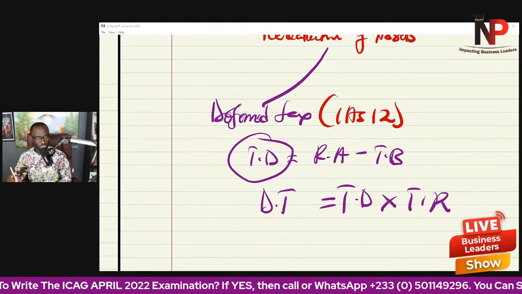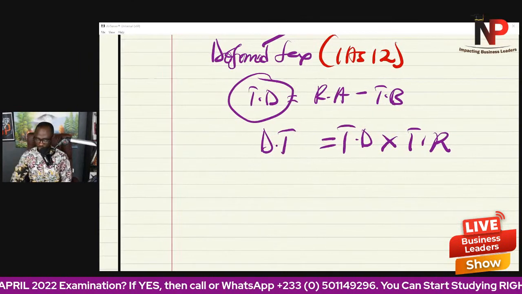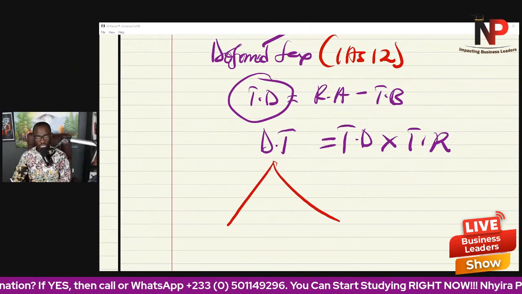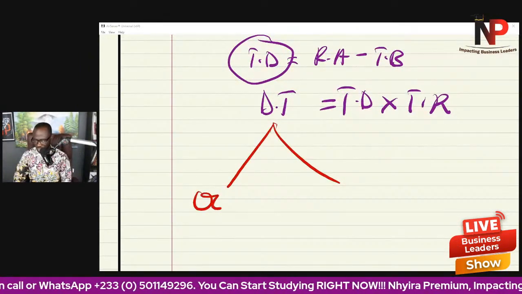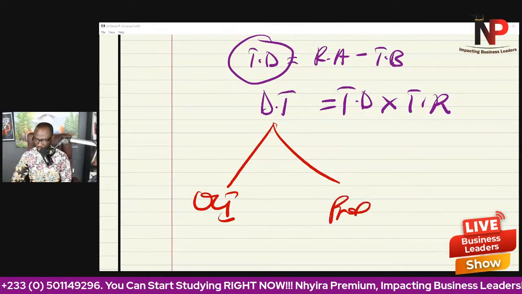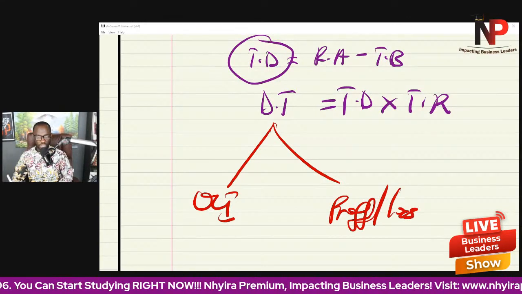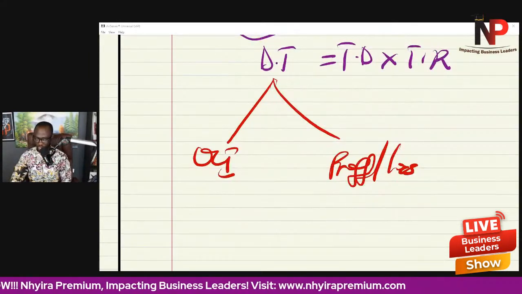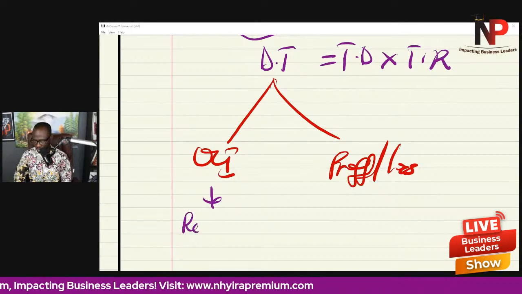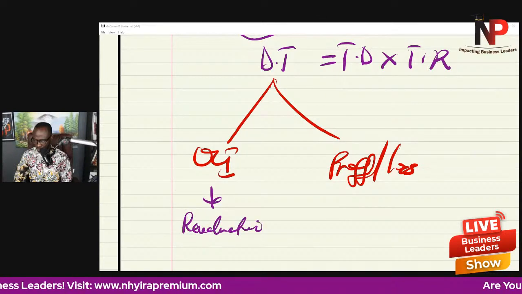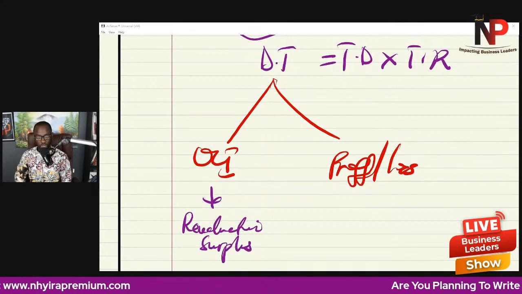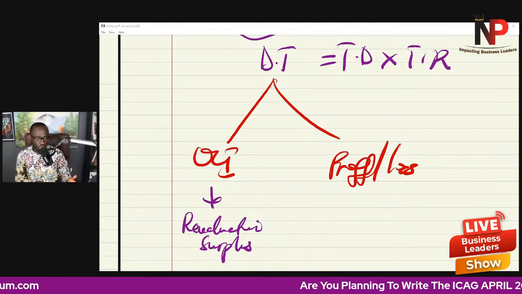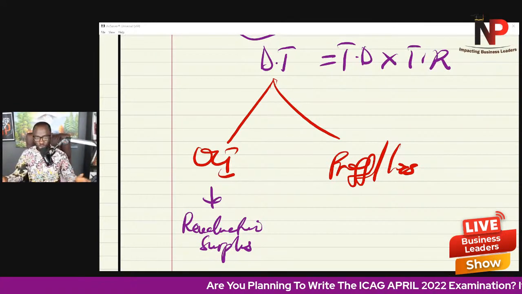But then you have to understand that when you get that deferred tax, whether it is a liability or an asset, it will have to be split between the other comprehensive income and the profit or loss. The portion of that deferred tax that goes to other comprehensive income is the one coming from the revaluation surplus. So the revaluation surplus you get times the tax rate is what goes to the OCI.